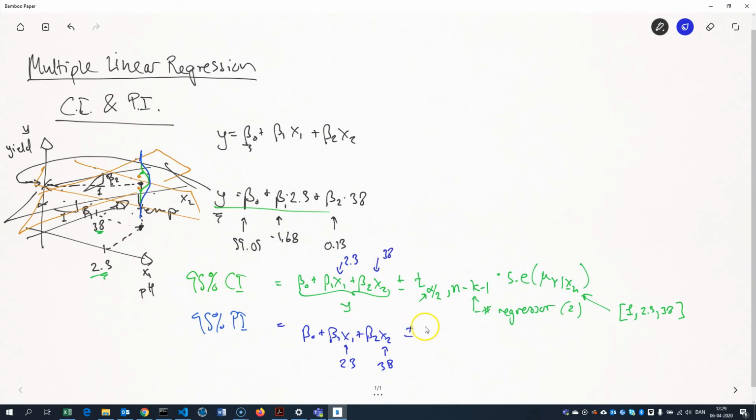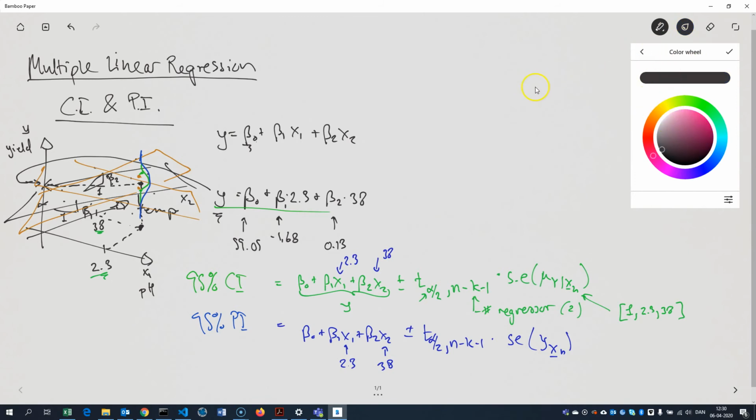And we add and subtract the t quantile with the same number of degrees of freedom and multiply by the standard error of the prediction of the single observation here. So the question now is, how do we compute those standard errors? And that's what we're going to look into here.